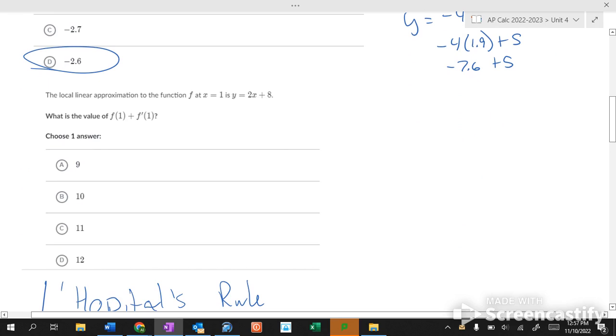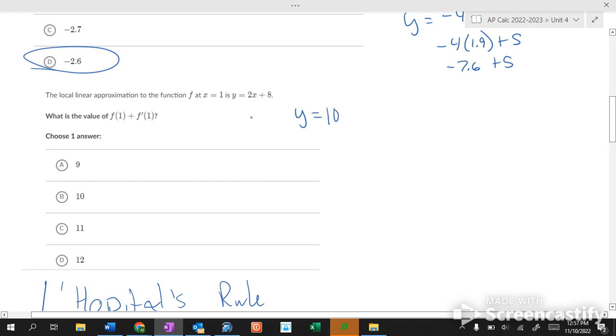A local linear approximation for a function at x equals 1 is 2x plus 8. What's the value of f of 1 plus f prime of 1? Well, f of 1, you just stick the 1 in and you get y equals what? 10.